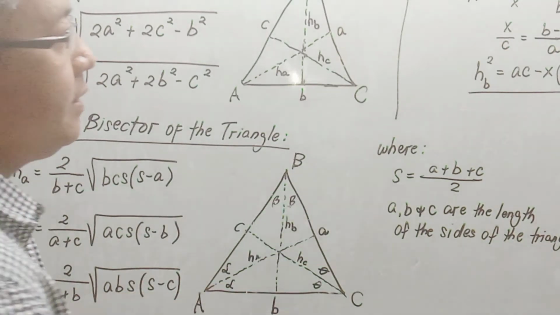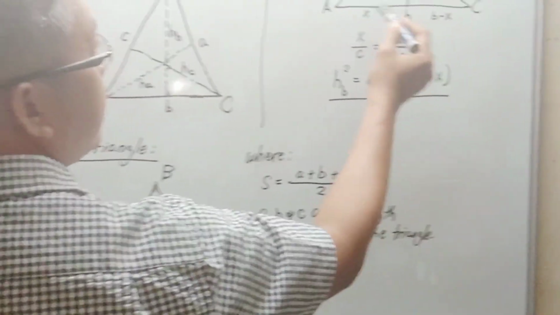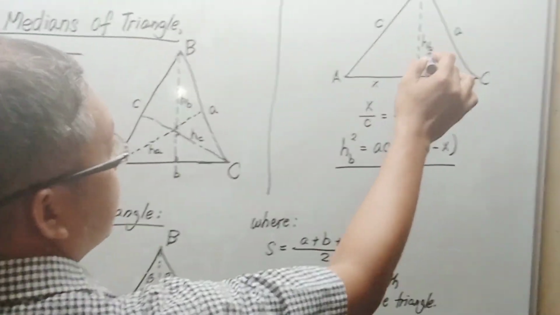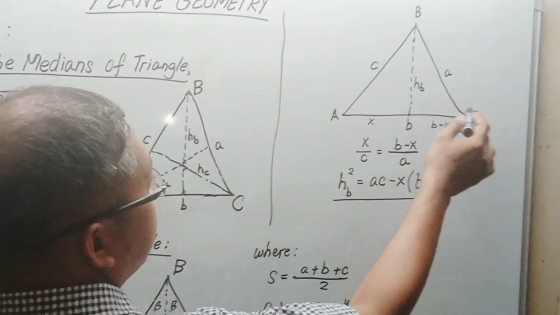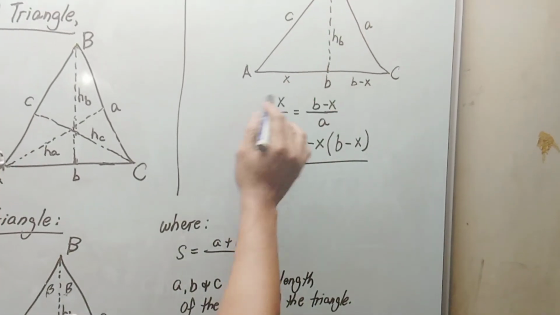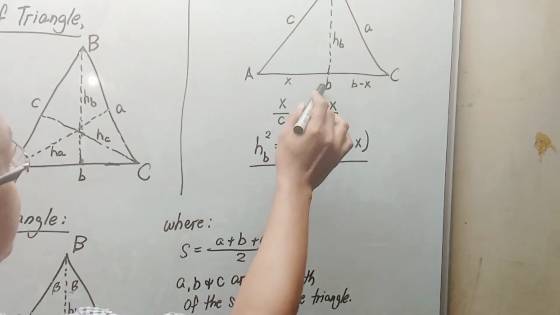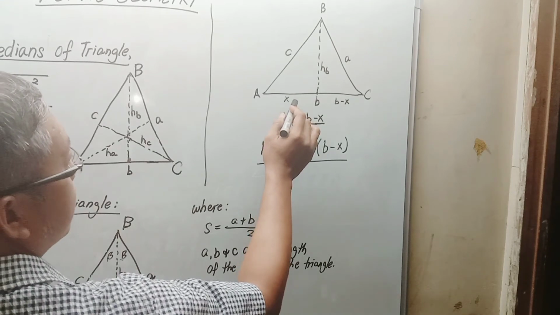And the other one, we have here a triangle with the medians, h sub b, at points a, b, and c, so the a side, the b side, and the c side. Between a and b is x. Let me use the x variable.